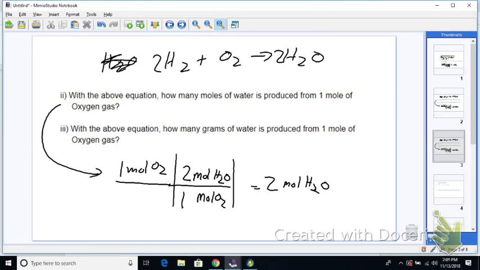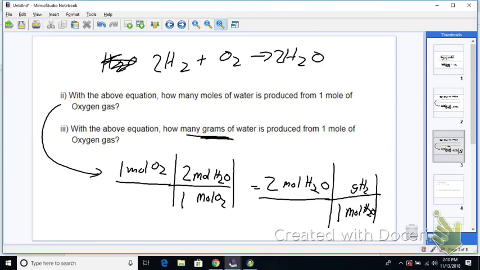So what do I need to do with this to get it to grams? If I got 2 moles of water, convert it. Down here would go moles of H2O, 1 mole, and up here would go grams of H2O.